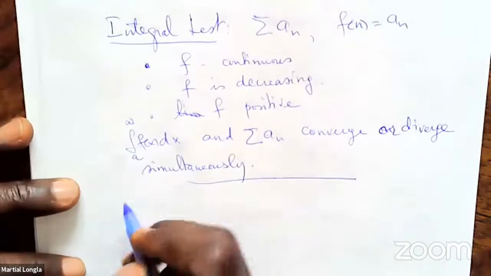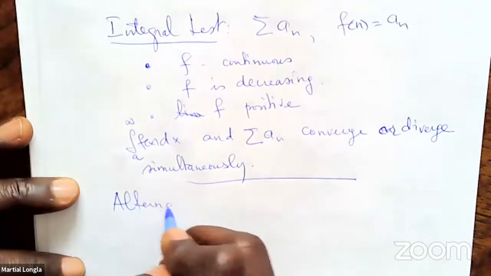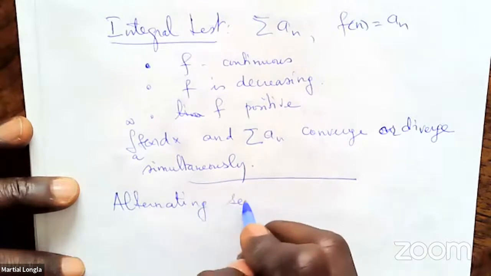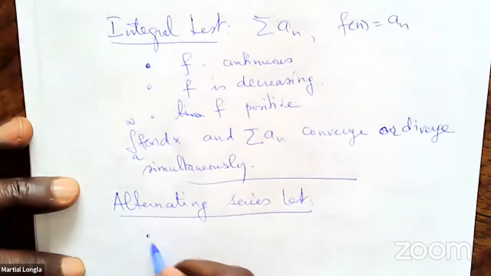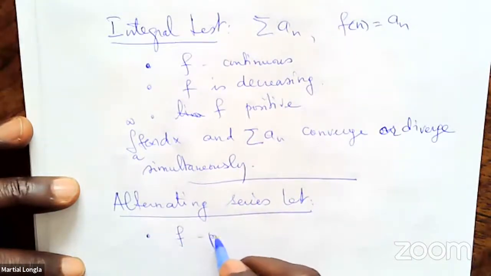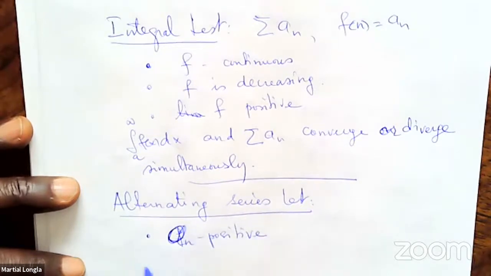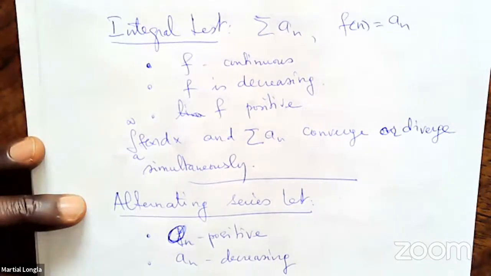And the other one next to that was the alternating series test. Where you have an positive, an decreasing, and limit of an equals 0, then the sum from n equals 1 to infinity of negative 1 to the power n, an converges.